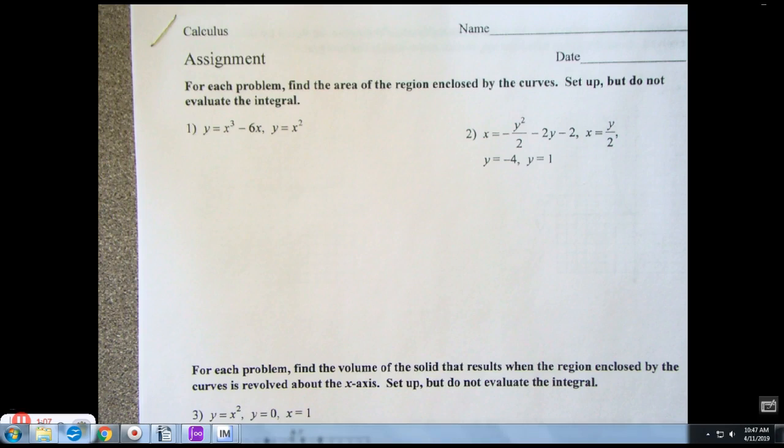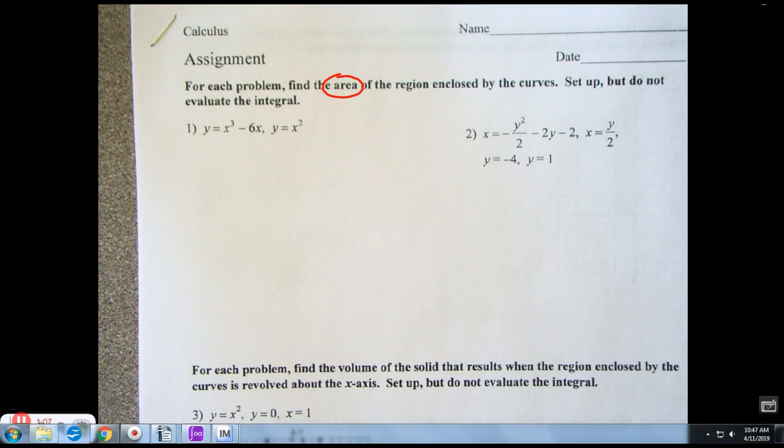So let's do the second one then. The first thing I'm looking at is area, revolutions, or cross sections. Those are the three things we did. Area. It says find the area, right? And then, do I want to do the problem in terms of x's or in terms of y's?